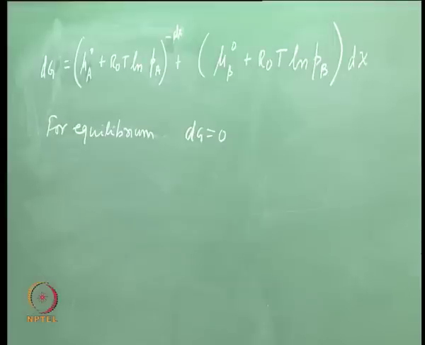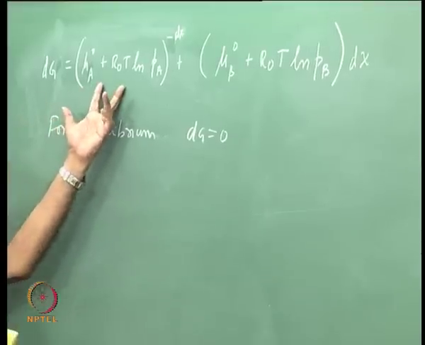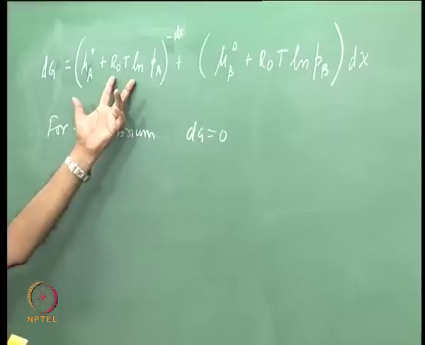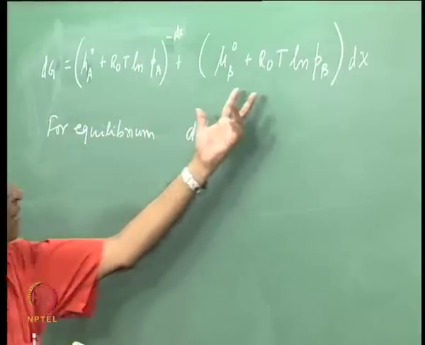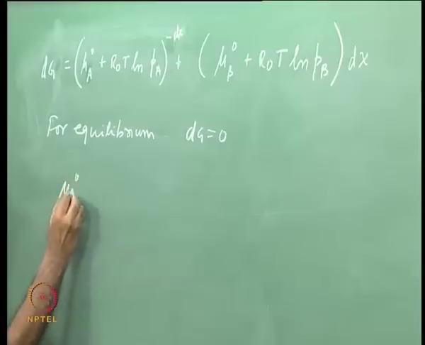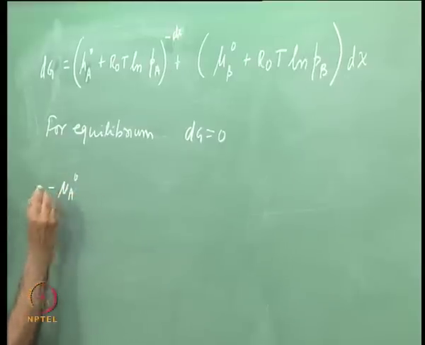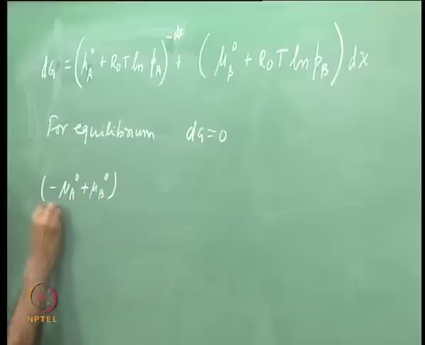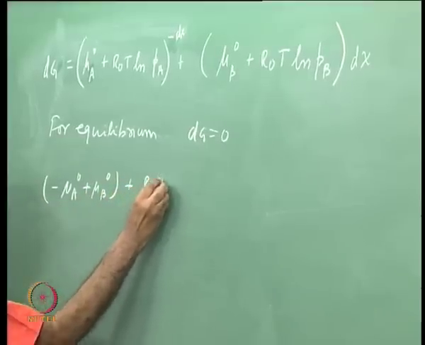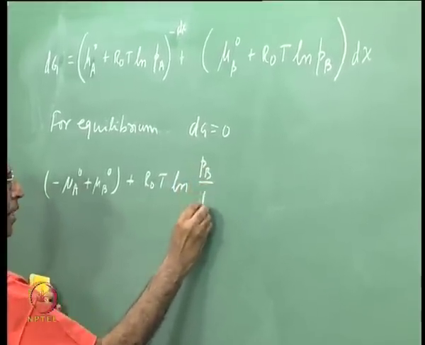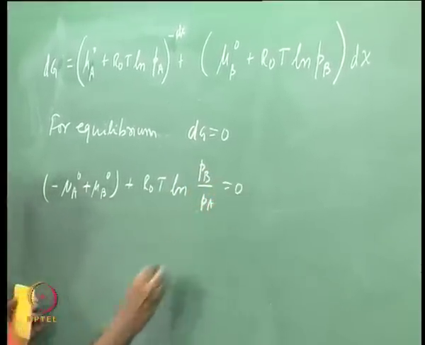And what is the value? Even if we are not bothered about this one, we still have mu a plus R naught T into ln Pa, and therefore I get minus mu a plus mu b plus R naught T into ln of Pb by Pa is equal to 0.